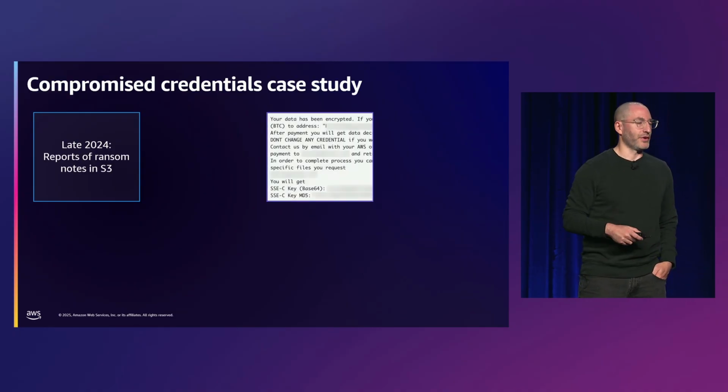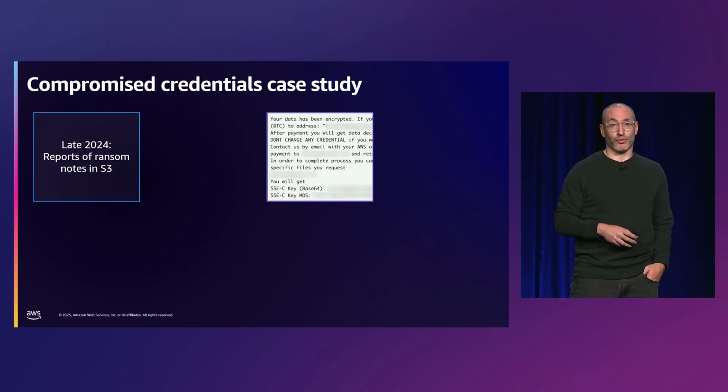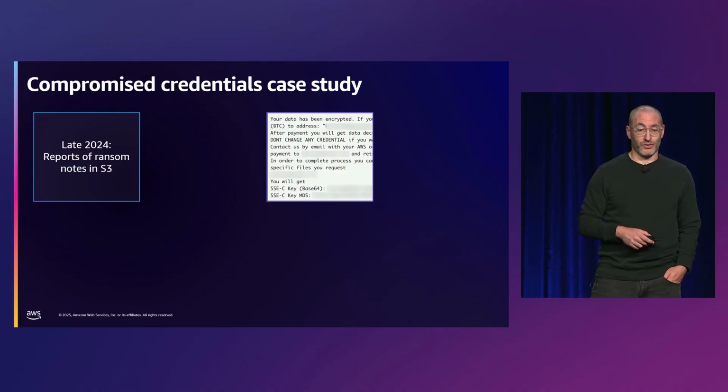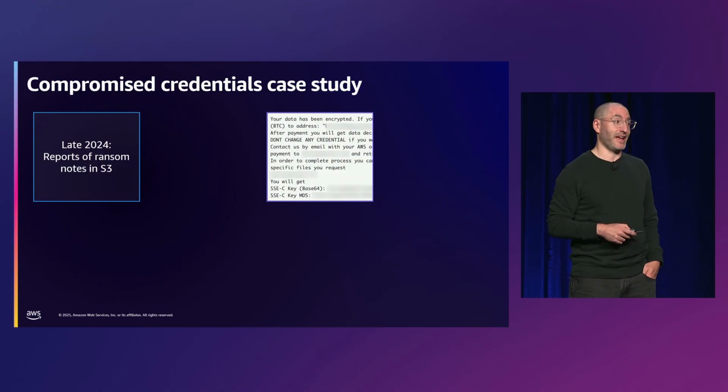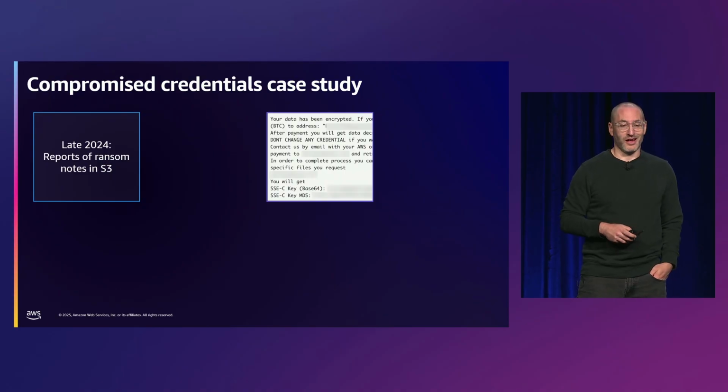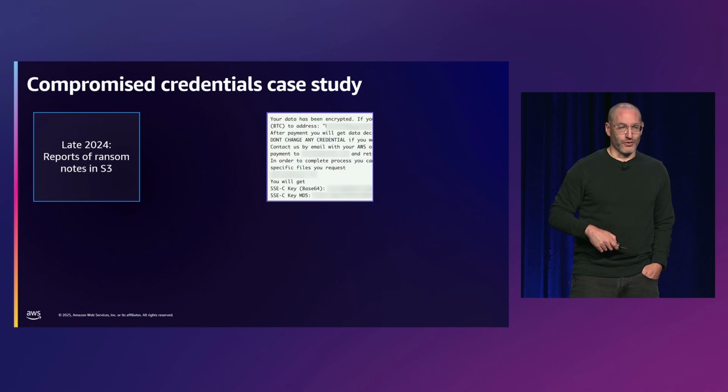Here's a little redacted sample of an actual ransom note that we received, where you can see some details being asked: pay us some Bitcoin, and we will release a decryption credential to you. If you need any help, email this address and we'll work with you. So, pretty not good thing to be seeing in your resources one day.